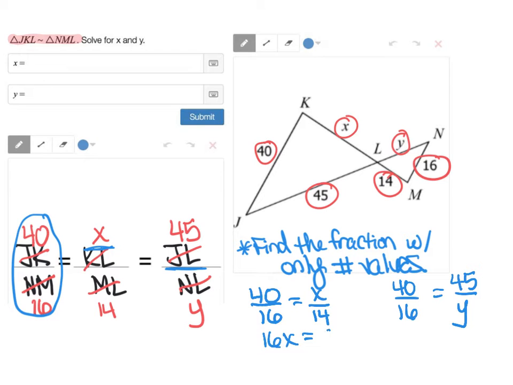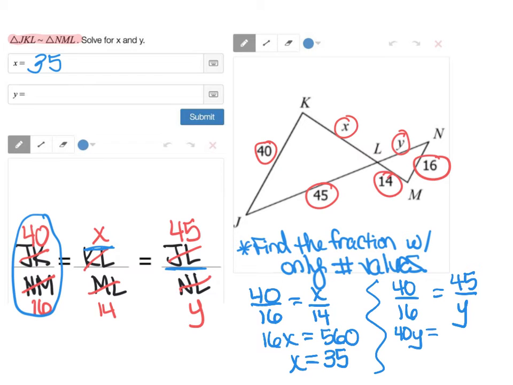Then I'm just solving. 16x equals 560. I divide, and let's see, what do I get? 16 goes into 56... This is 35 for x. And then I'll do my y problem. Again, I'm using the 40 over 16 because I don't want to base my y answer on a possible wrong x answer.